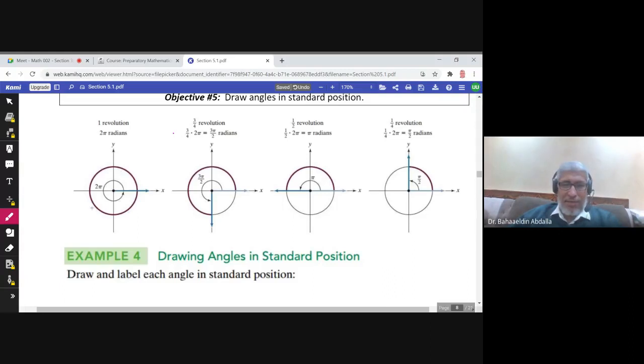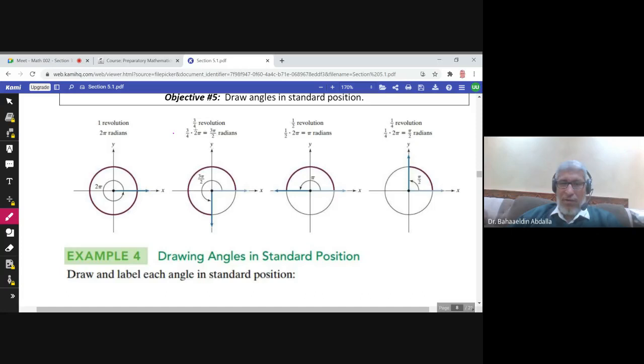This is an angle with measure one revolution. One revolution means a complete rotation. One revolution equals 2 pi radians, as we said yesterday, and it's equal also to 360 degrees.